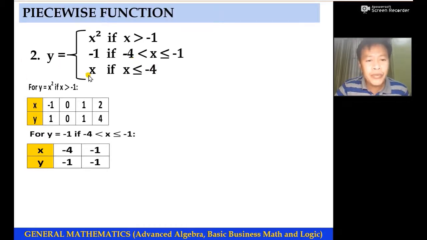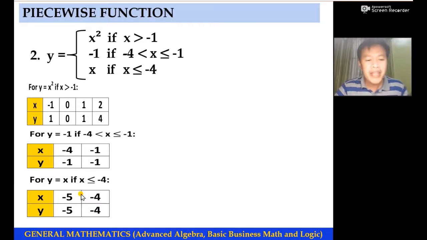Now we will proceed with the identity function. Whatever the value of x here must also be the value of y. But take note, you are going to start with -4 going to the left, and that is going to negative infinity. And this is also a line. You need only 2 points. And this is the table of values for y is equal to x if x is less than or equal to -4.